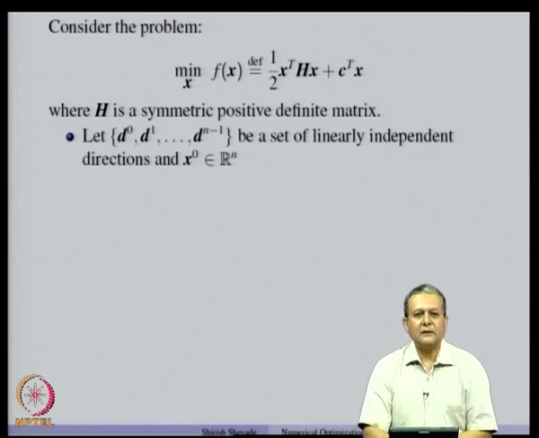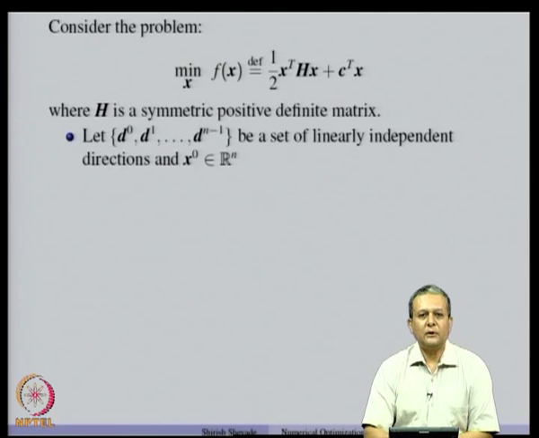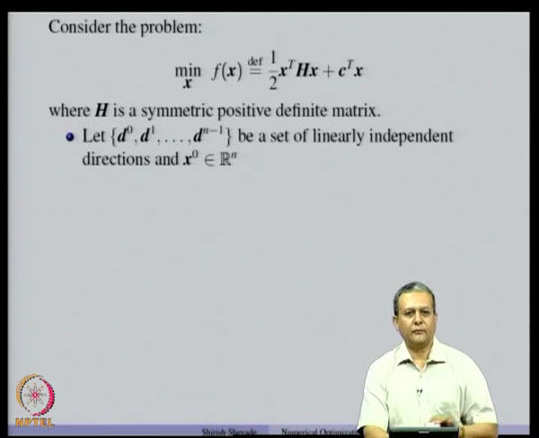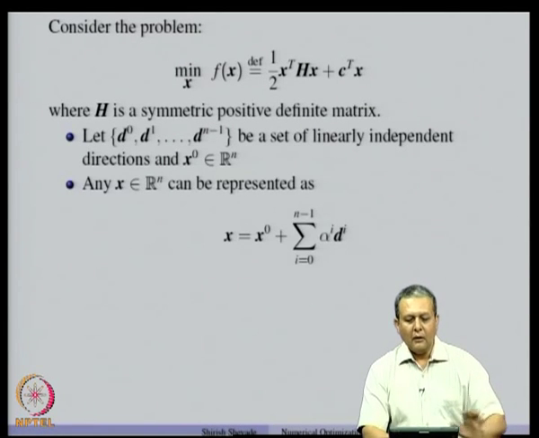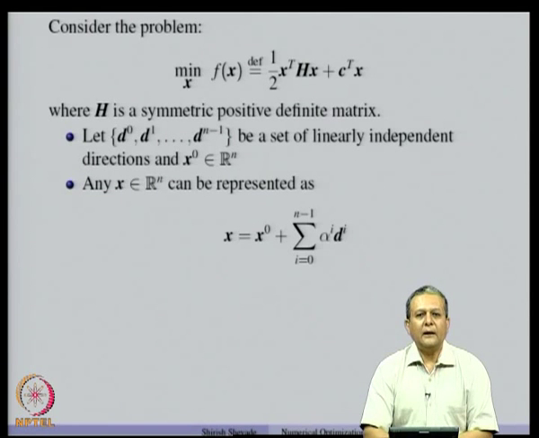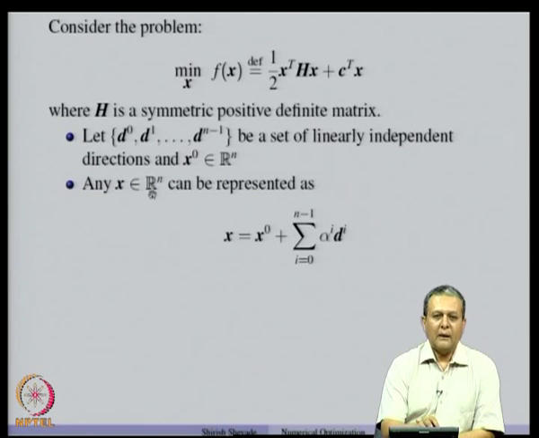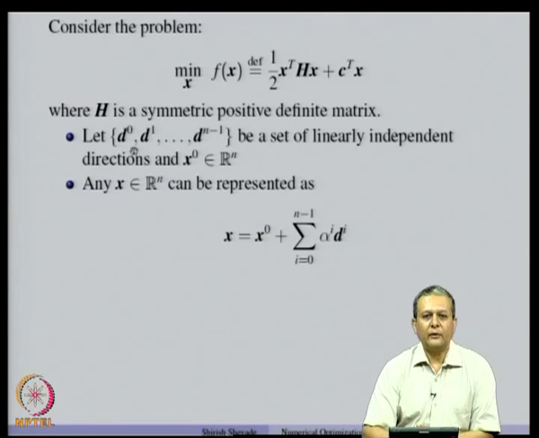Now, let us consider any point x0 in the n-dimensional space. x0 can be any point. Any point x in the n-dimensional space can be written as a linear combination of d0 to dn minus 1 plus x0.